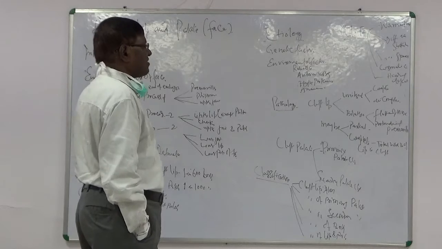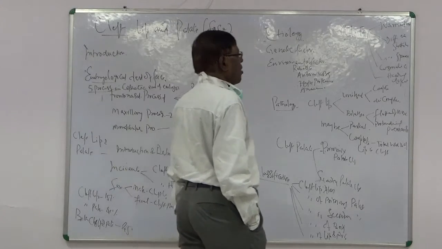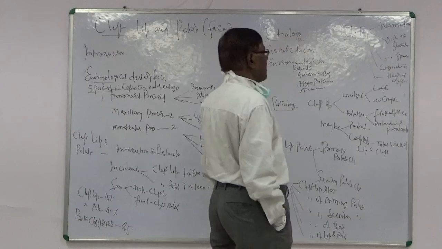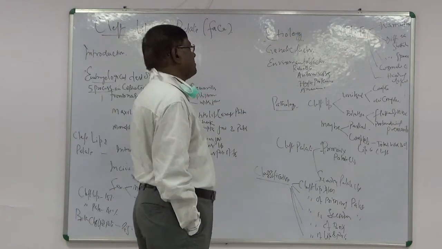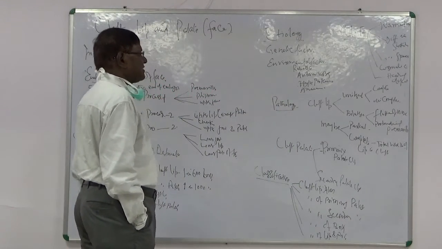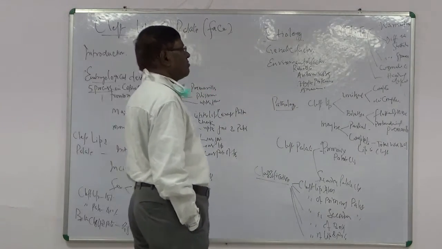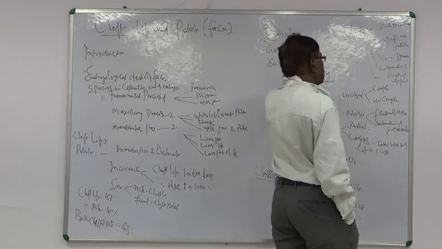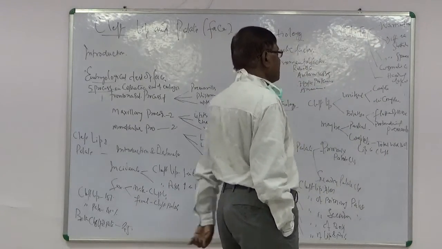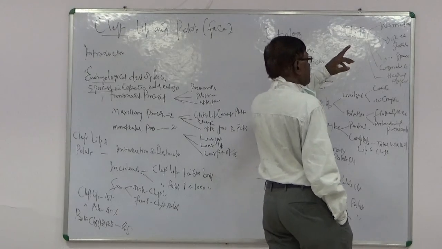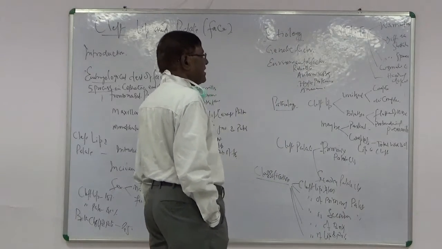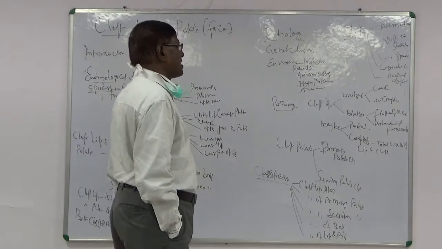When the parents know that the infant developing in the womb has a cleft lip, they become worried. But they should be told that if only the cleft lip is there, it is completely curable by the surgical method, and the pregnancy should be continued.